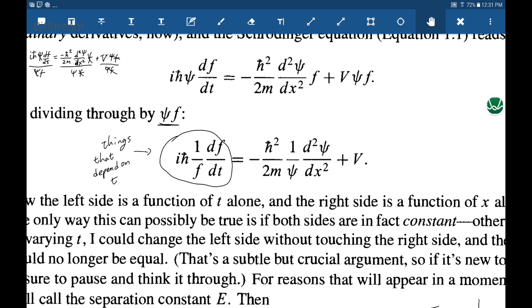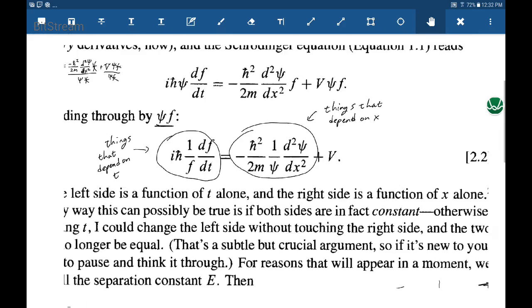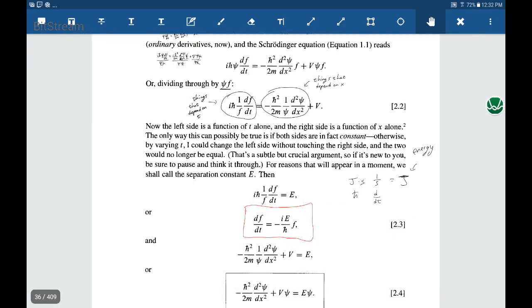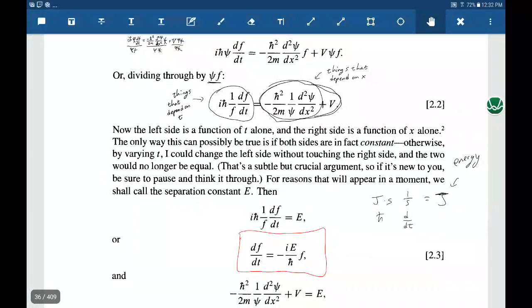Over here, we have things that depend on x. And we can keep the V here, because we are talking about energy.